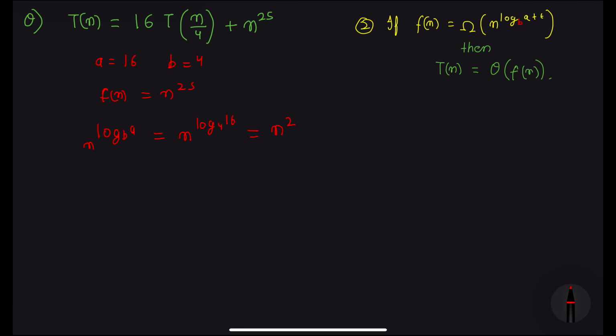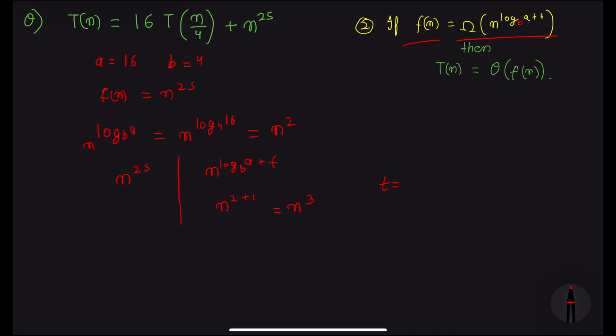And if we look at the condition in the Master Theorem, so if f(n) is equal to omega of n raised to the power log base b a plus t, let's see if we can convert into this form. So we have n raised to the power 2.5 as f(n), and we have n raised to the power log base b a plus t. Here we can write this as n square, and t can be taken as plus 1, so this will become n cube.